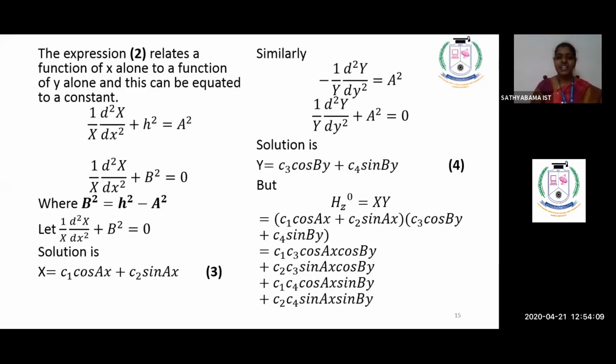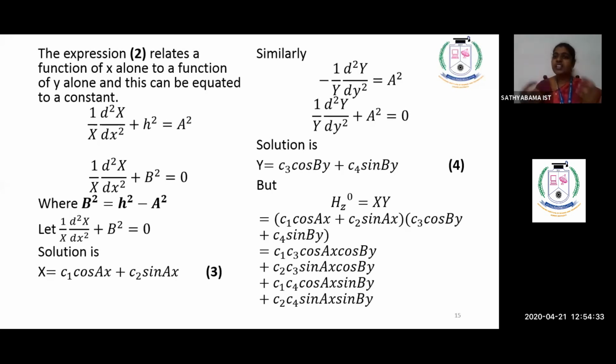This is the mediator. I have taken the left hand side part as a square. The right hand side part will be changing now. So the left hand side, 1 by X into dou square X by dou x square plus h square, I have made equal to a new constant a square. Then what happens to the equation? It becomes the second one, that is 1 by Y into dou square Y by dou y square plus b square equal to 0. So b square is equal to h square minus a square.